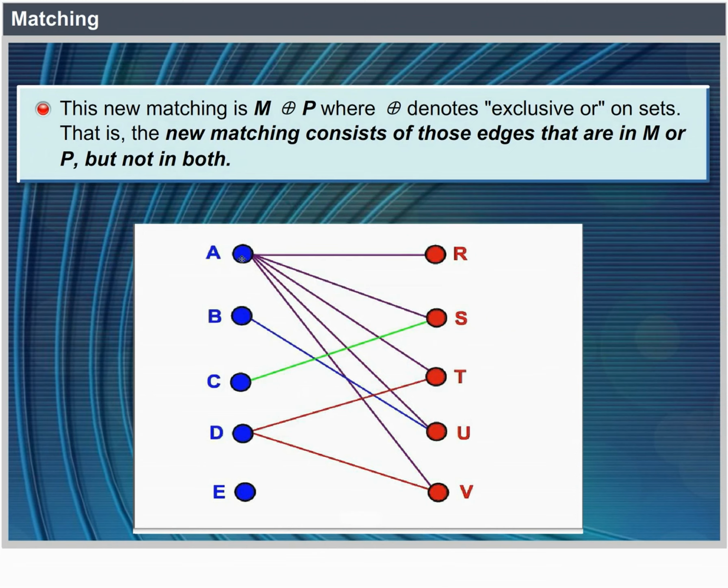That is, the new matching consists of those edges that are in M or P, but not in both.